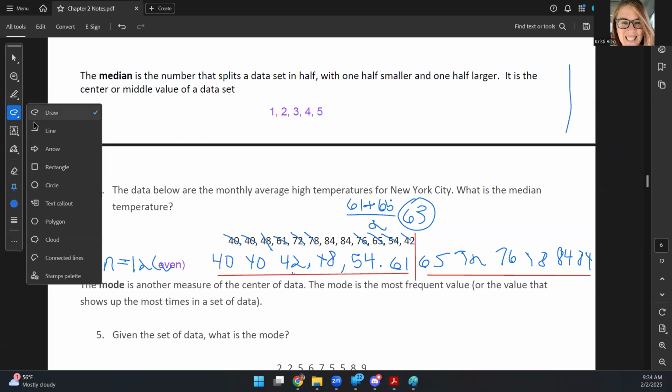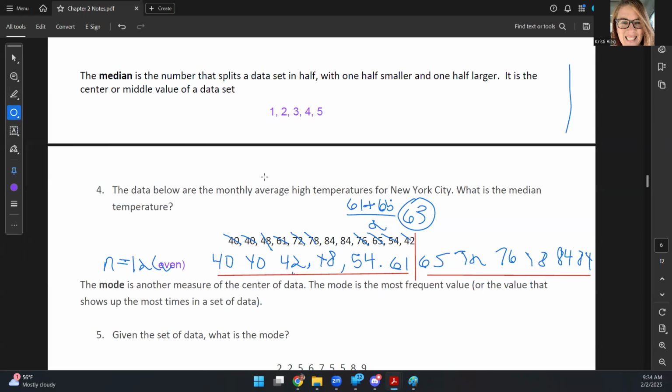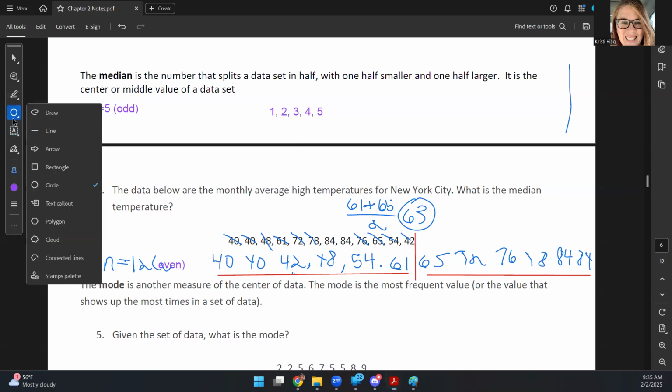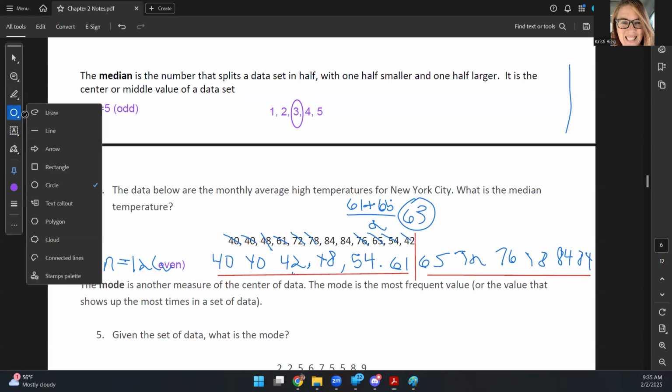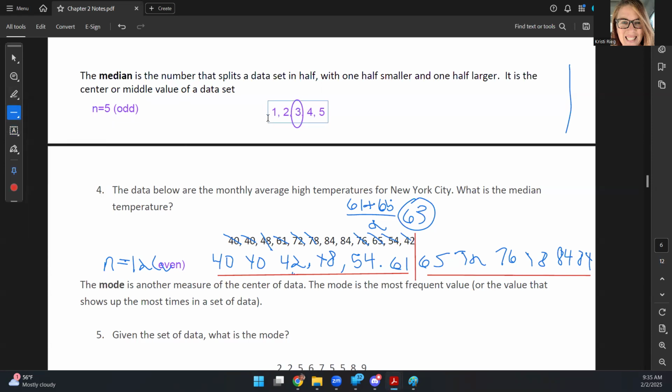And so when I look for halfway, because n equals 5, which is an odd number, I can't just cut it in half, 2.5 on this side, 2.5 on that side. But what I can do is say 2 on the left, 2 on the right, and then right in the middle, we have the number 3. And so we still have that same rule where we have 2 numbers.